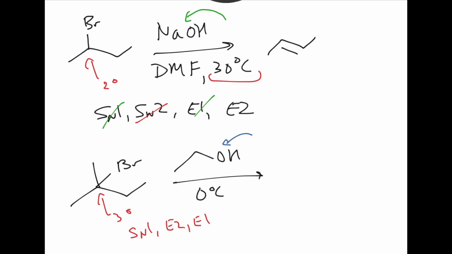My nucleophile slash base. Uncharged. So that means I get to eliminate E2 as a possibility. And then I have 0 degrees. So the 0 degrees favor elimination or substitution? Substitution. So let's get rid of E1. We're doing an SN1 reaction.